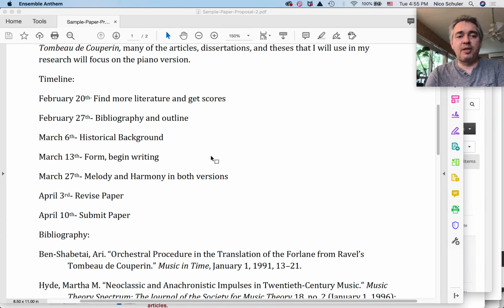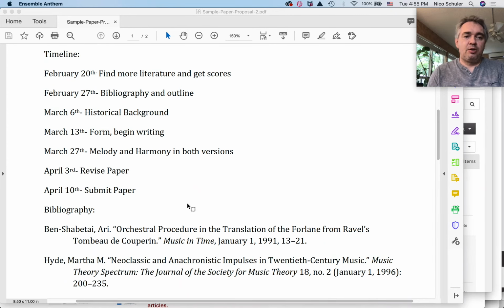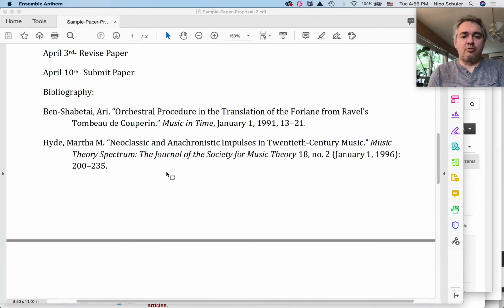Maybe during the semester, if that is a term paper, a semester paper, and you need to leave probably plenty of time at the end to proofread, to revise, and then a suitable deadline also for turning it in. So this is a very nice timeline for a spring semester that would start in January and end at the beginning of May, and then the bibliography itself.